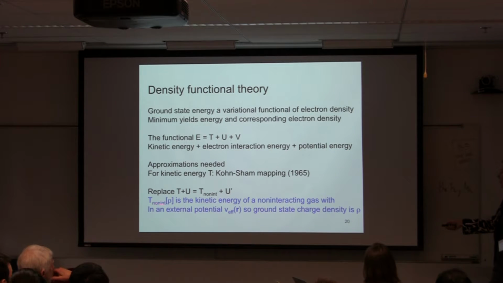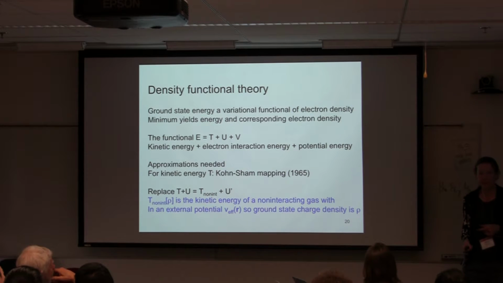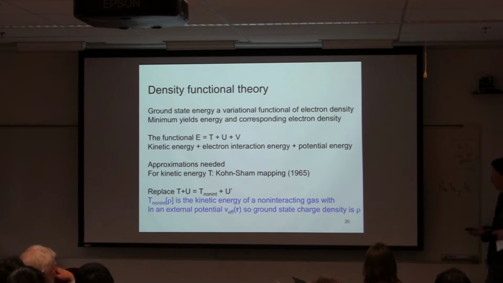I'm going to have T non-int, which is the kinetic energy of a non-interacting gas in an external potential V effective, which has the specified ground state density rho. So two systems, one interacting, one non-interacting, have the same ground state density rho. And it's easy to find the kinetic energy in the non-interacting case.